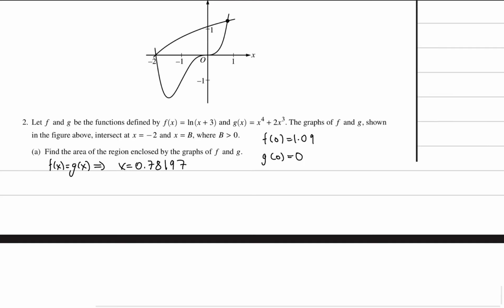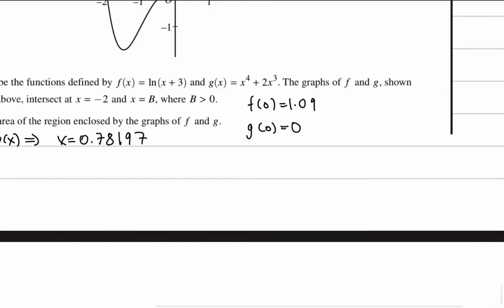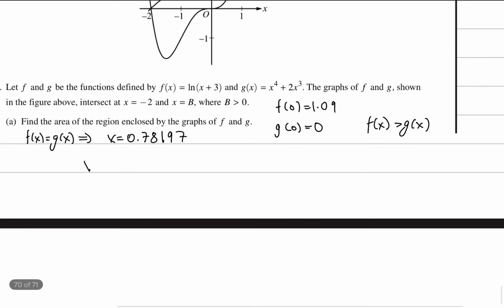So f is greater than g, and we know this is true throughout the entire graph, f is above g. That means our vertical lengths are just the absolute value of f minus g, which is just f minus g, which is ln x plus 3 minus x to the fourth minus 2x cubed.